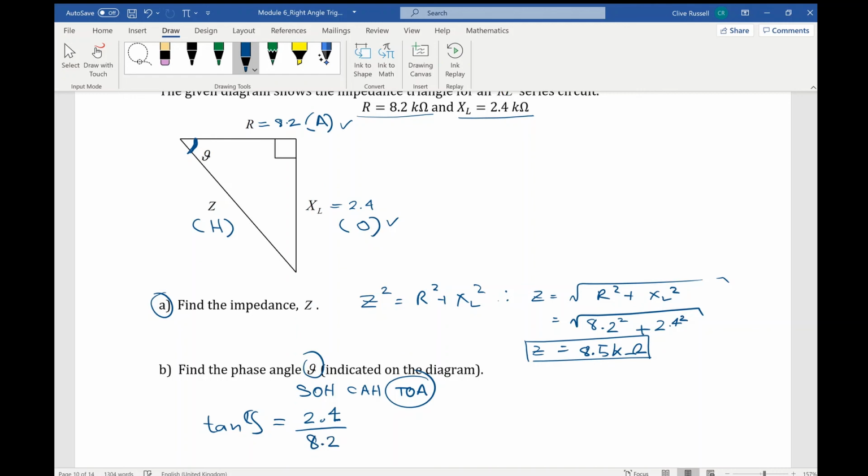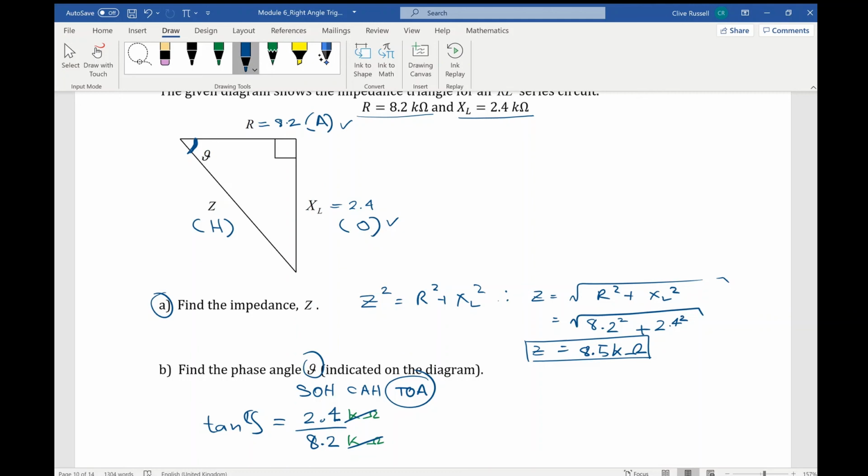Now at this point, you don't have to say kilo ohms, and I'll show you why. If I had put kilo ohms here or multiplied 2.4 by 1,000 and put kilo ohms, because I have the same thing top and bottom, they cancel, and I'm just left with 2.4 over 8.2.